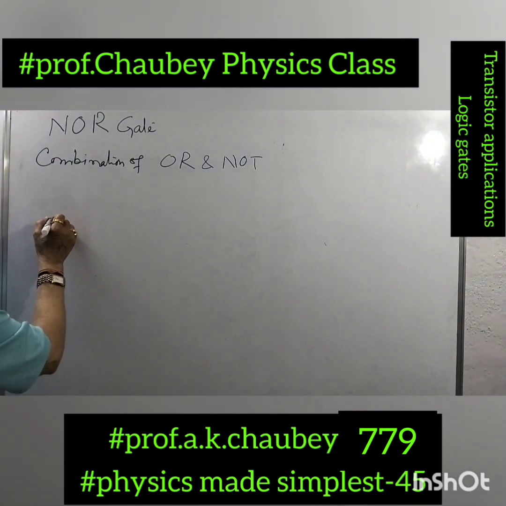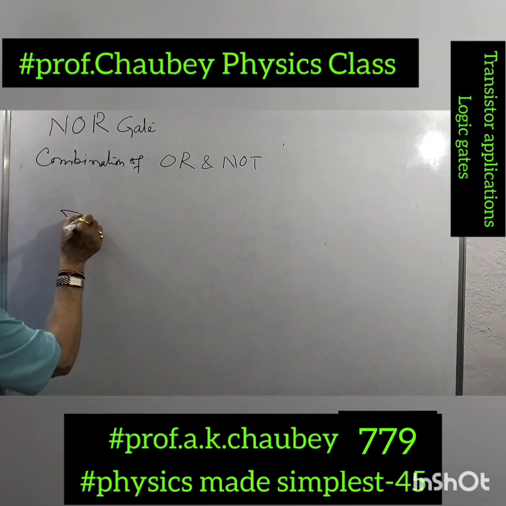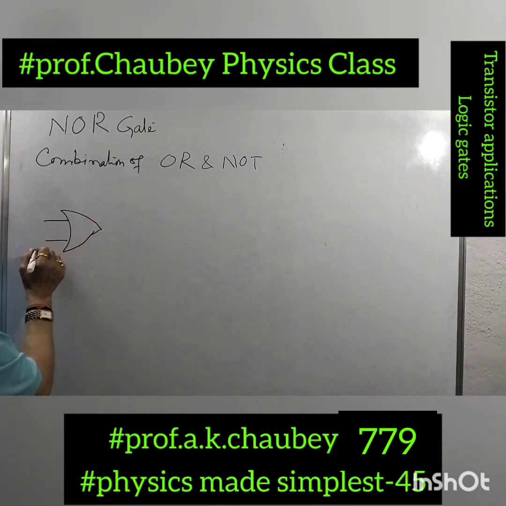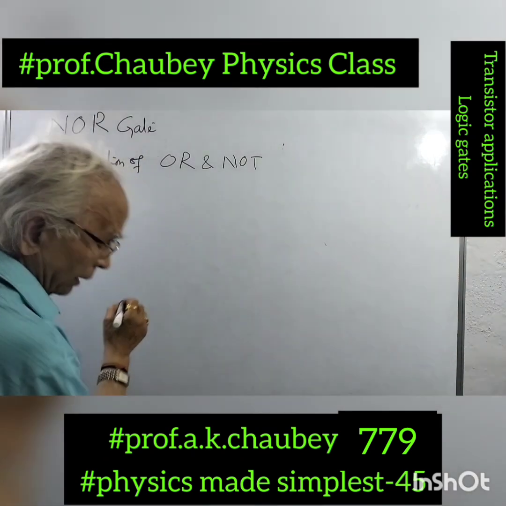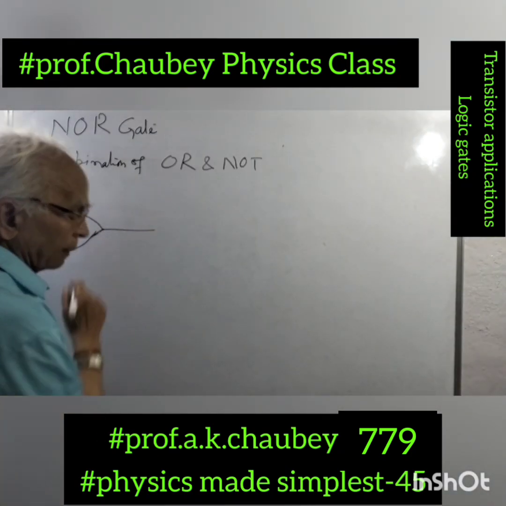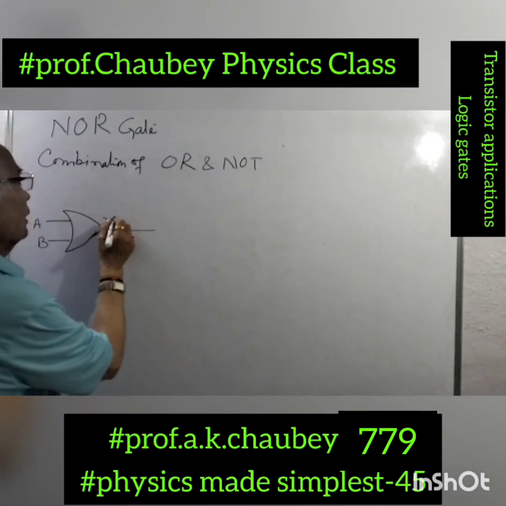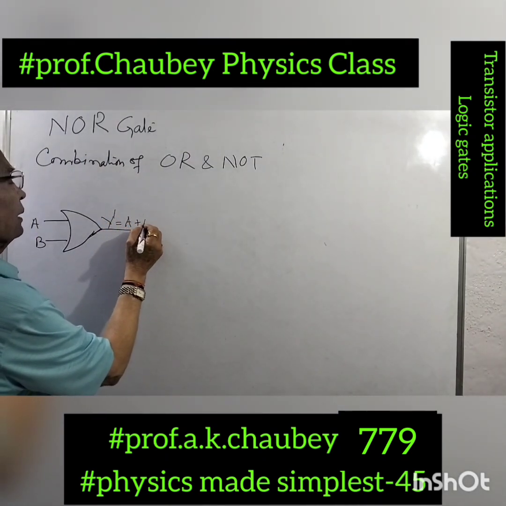And the representation is that this is the OR gate, with A and B inputs, and here we have the output. What is the output here? A plus B, write it like that.